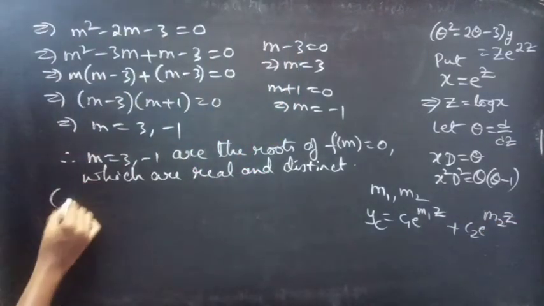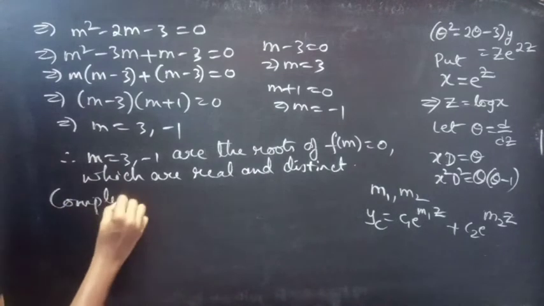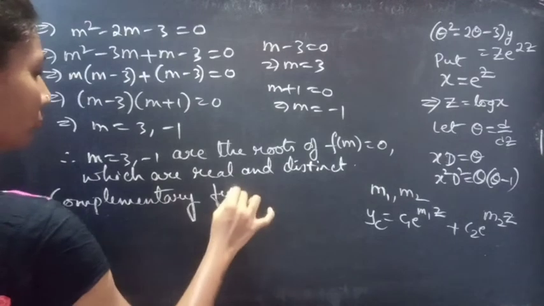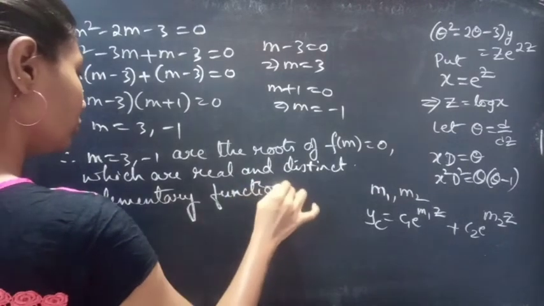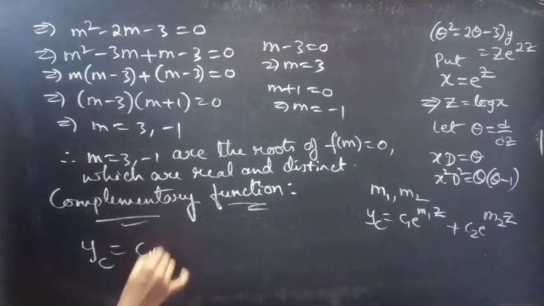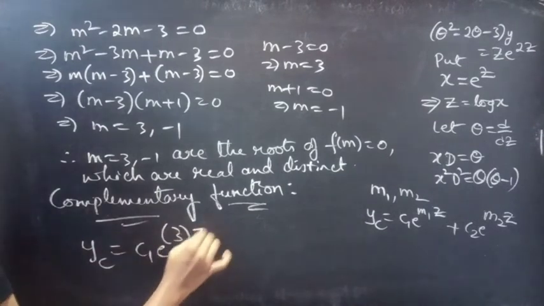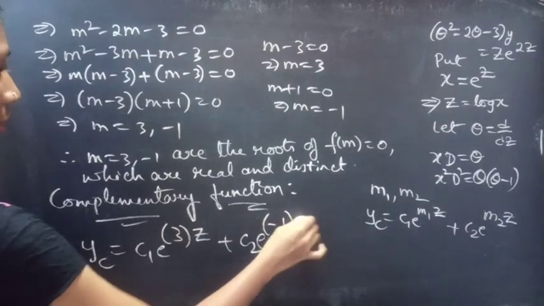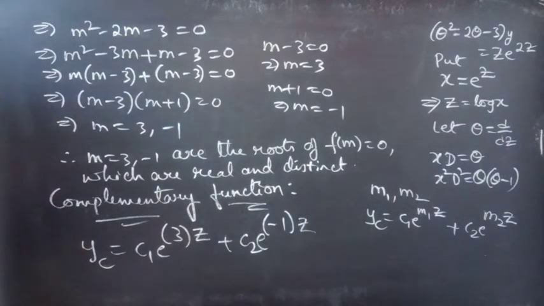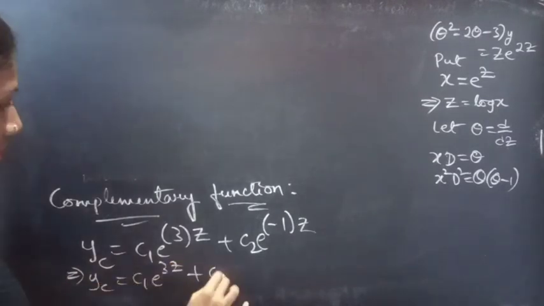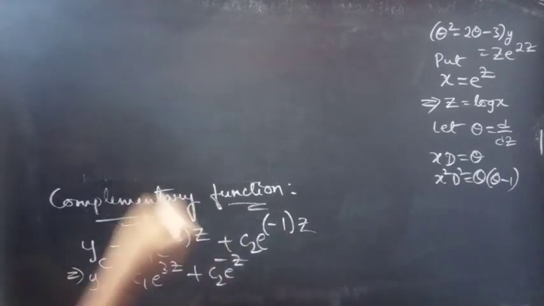Now let's write our complementary function. yc equals to c1 e power one root into z plus c2 e power another root into z. Then yc becomes c1 e power 3z plus c2 e power minus z, right?